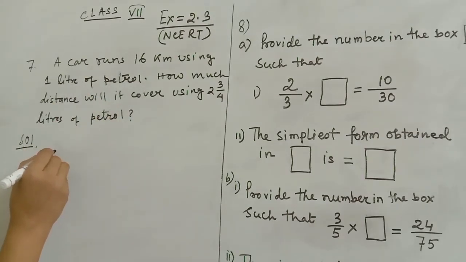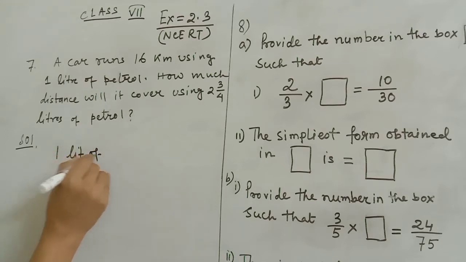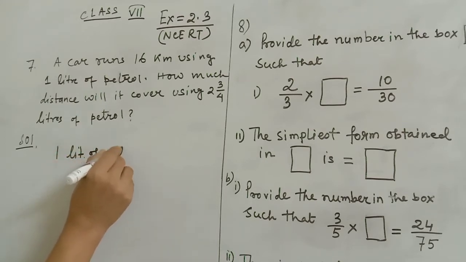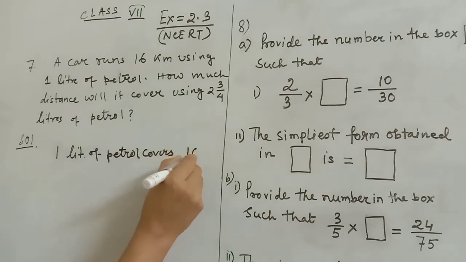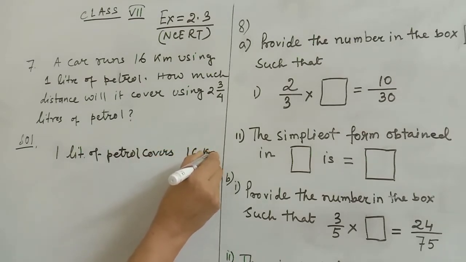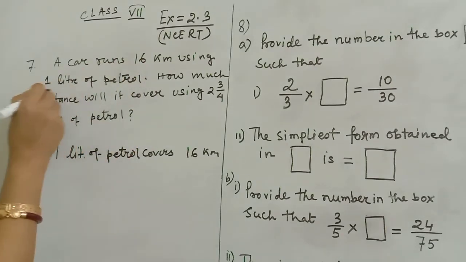1 liter of petrol covers 16 kilometers. It is given in the question. A car runs 16 kilometers by using 1 liter of petrol.